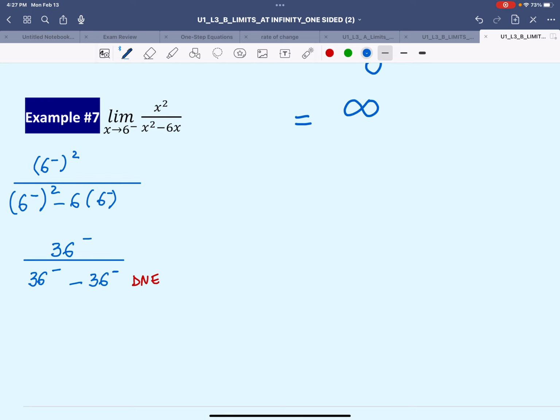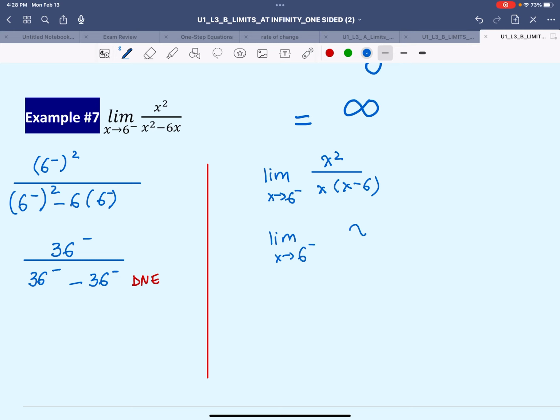So we'll start with the limit as x approaches 6 minus. We'll start by factoring, right? Just like we did in the previous example. So we are going to factor out x from the denominator, and then we have x minus 6. So what we get in here is the limit as x approaches 6 minus.